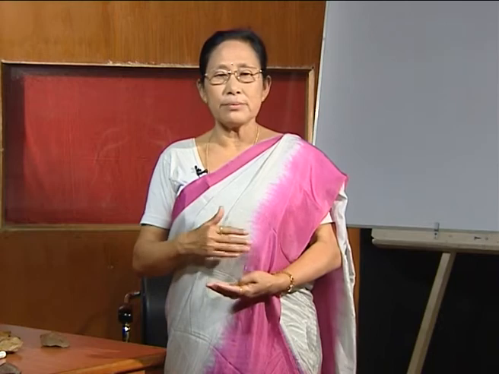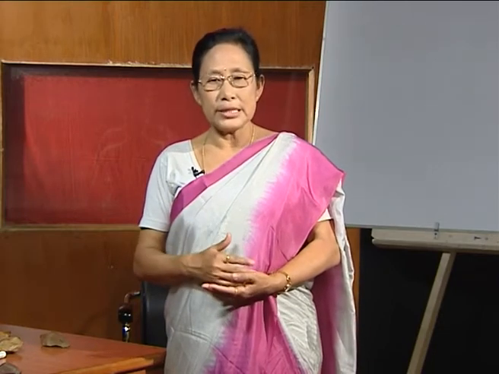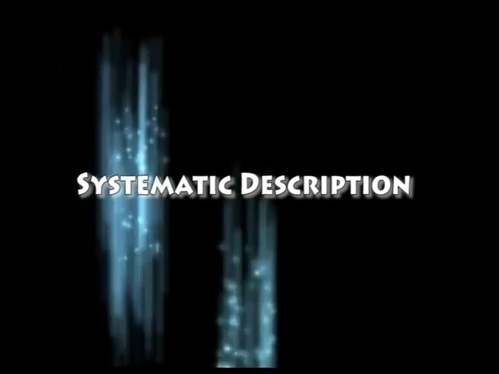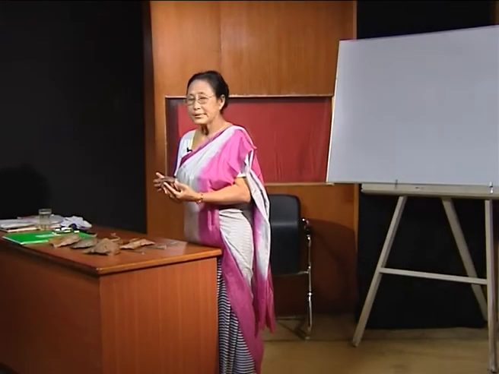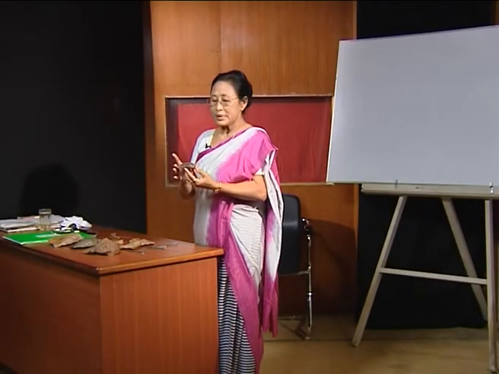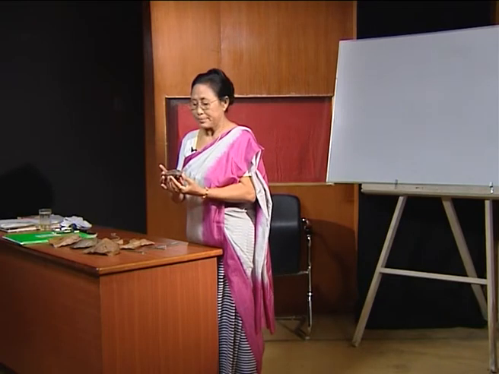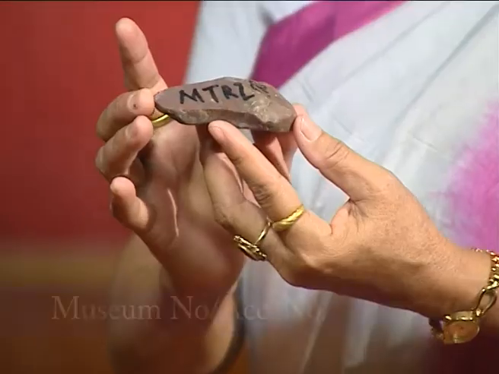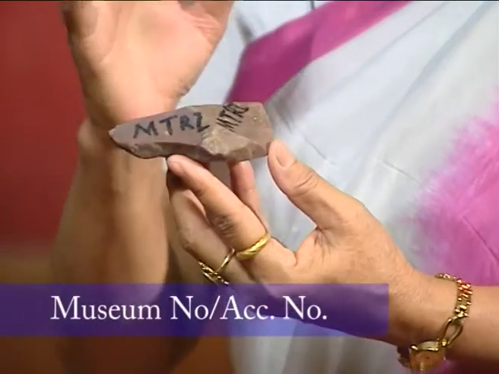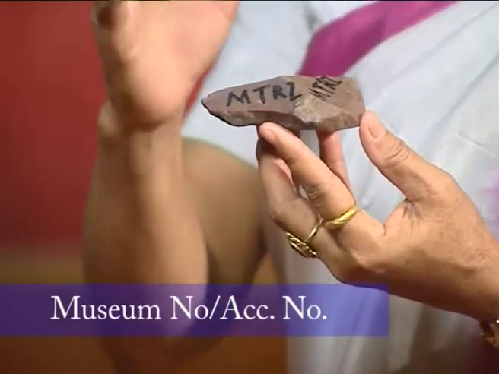Where maximum thickness of the tool is also taken. Now let us try to describe the given specimen systematically. First of all, we should note the museum number or excavation number.